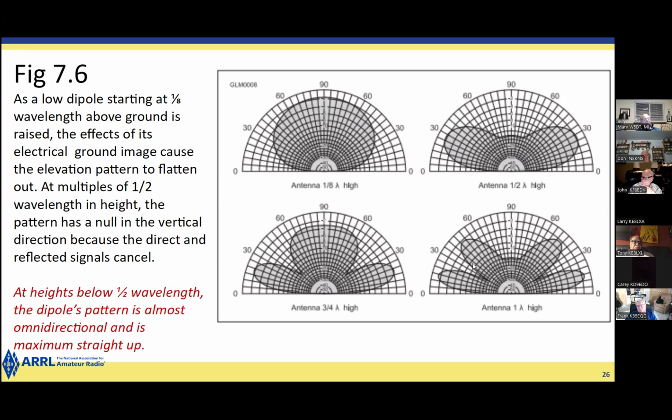And now we have another one that's got nodes in 4 directions with a null in the middle. Below a half wavelength, the dipole is almost omnidirectional, and its maximum is straight up.